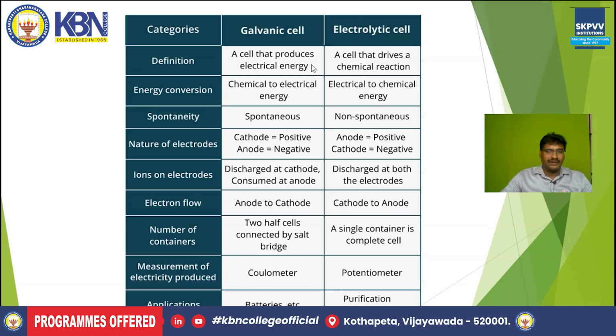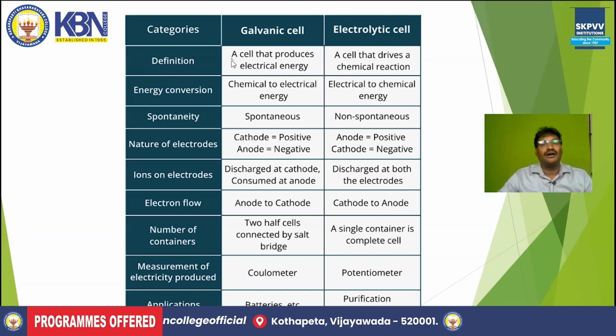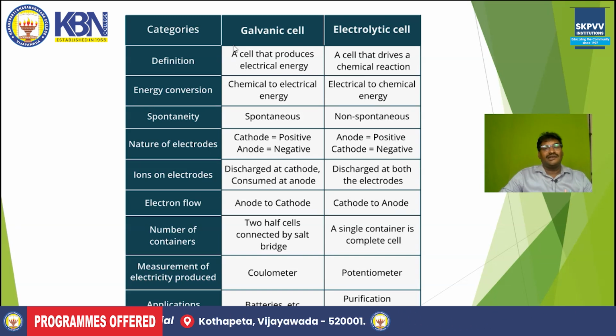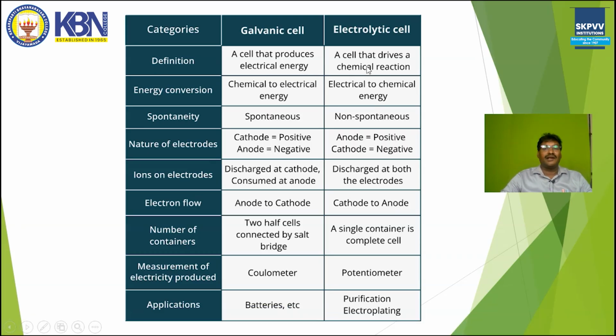A galvanic cell produces electrical energy. A cell that drives a chemical reaction is called an electrolytic cell. In a galvanic cell, chemical energy is converted into electrical energy. In an electrolytic cell, electrical energy is converted into chemical energy.